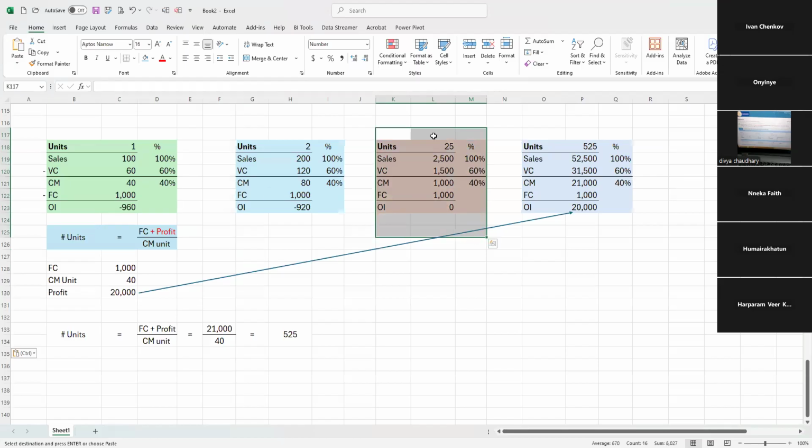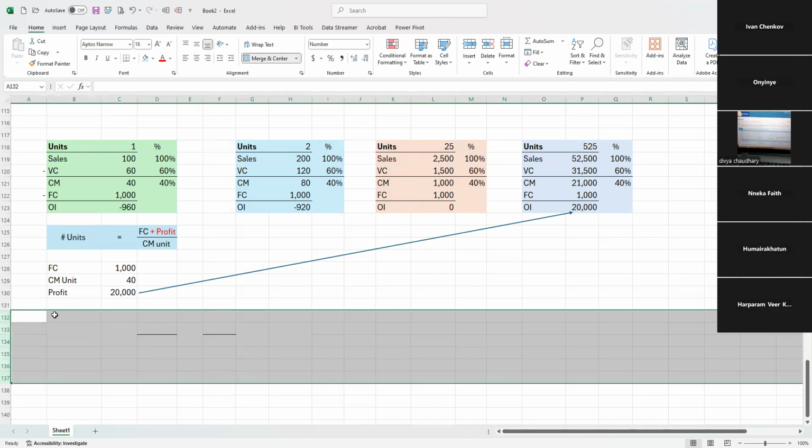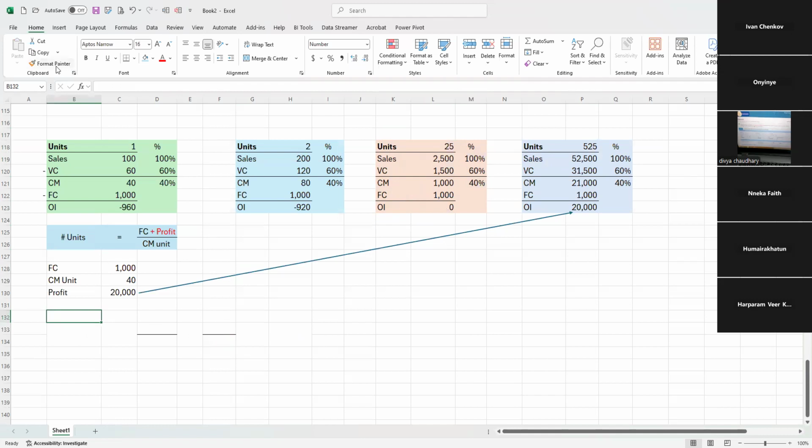That's the point where we're making zero profit. And let's pretend currently, how much are we making currently? Give me a number of units that we're currently generating as operating income here.